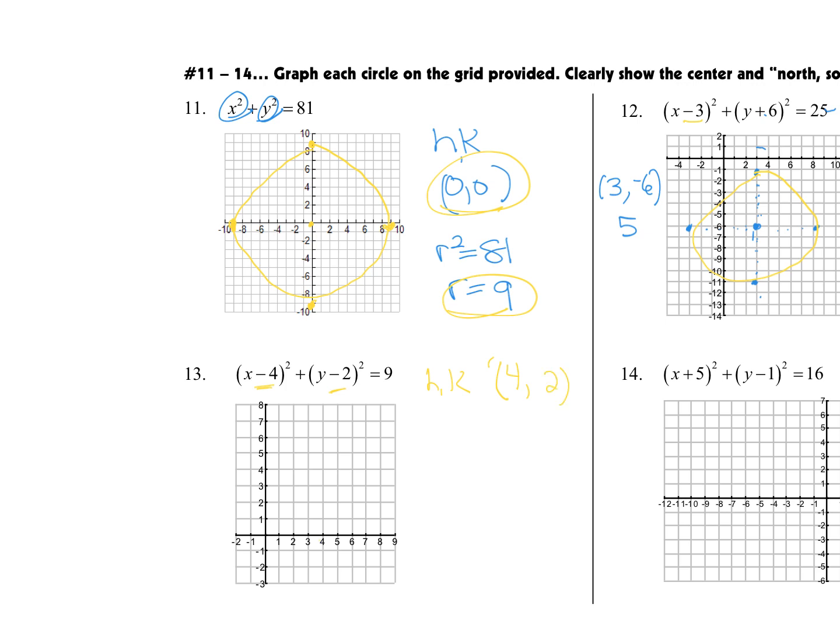So I'm going to go to 4 and 2. And then if r squared is 9, then r is equal to 3. So I'm going to go 1, 2, 3, 1, 2, 3, 1, 2, 3. Okay, and then now that you've got the points, go ahead and draw your circle.